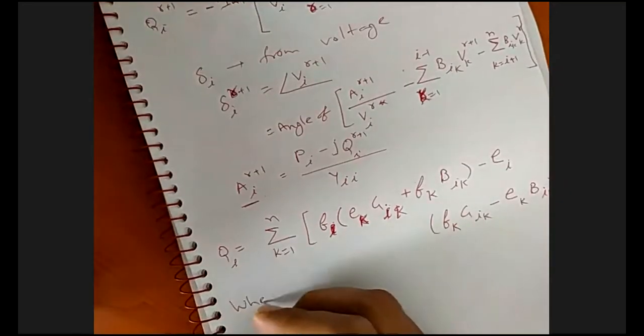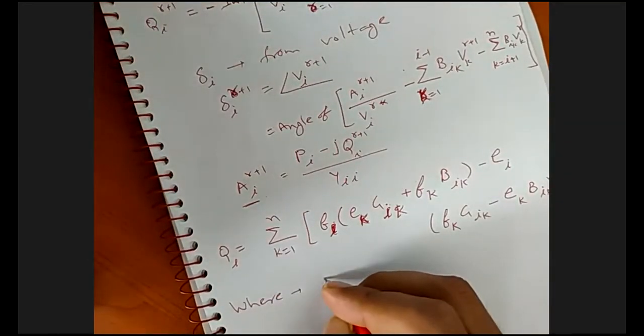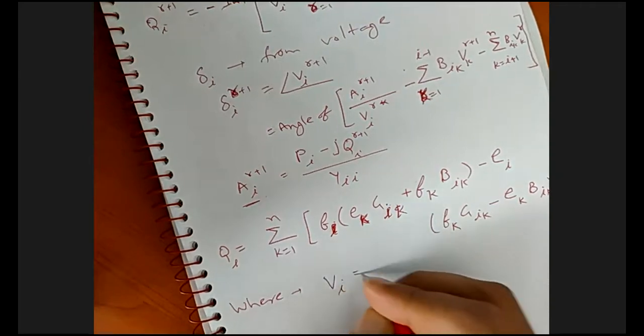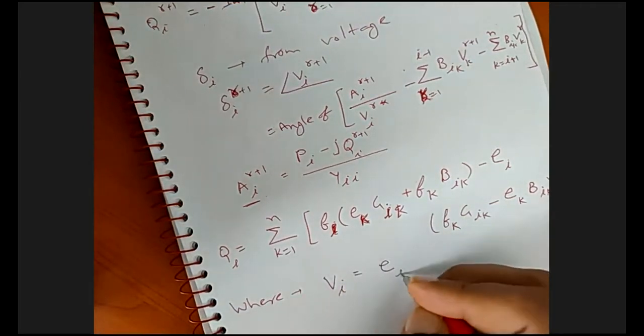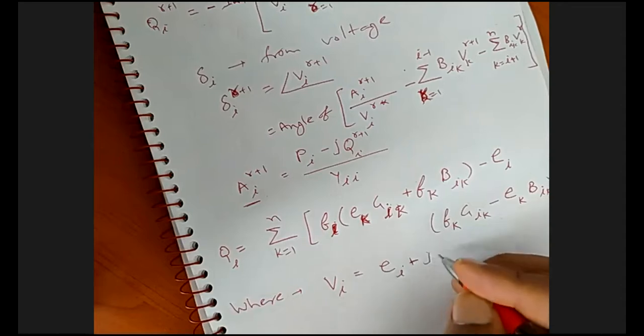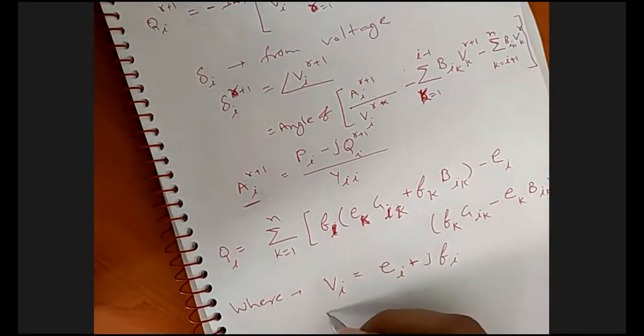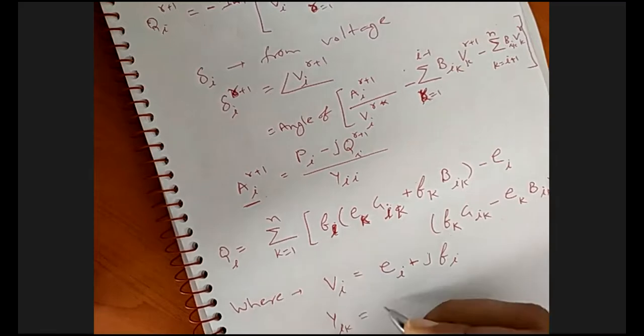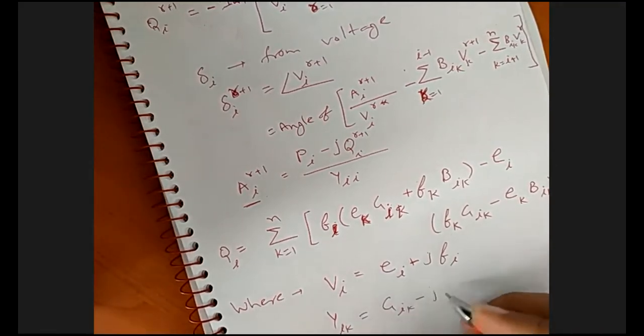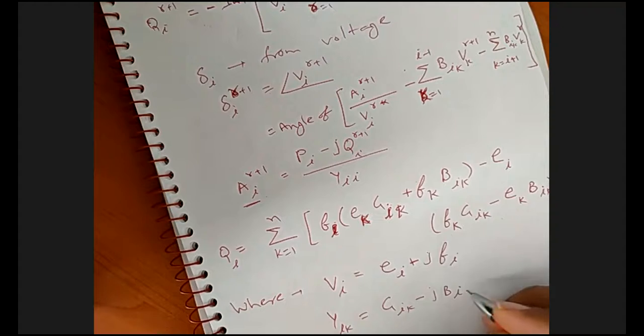Where V_i is e_i plus j f_i, and Y_ik is G_ik minus j B_ik.